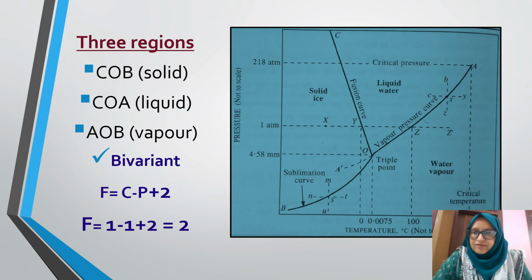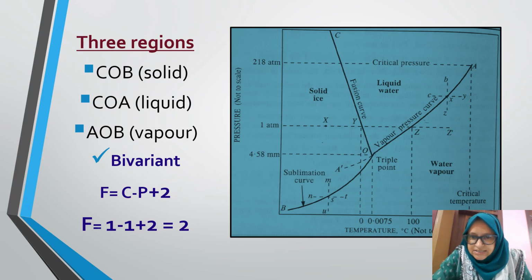So this is the phase diagram of the water system. It is clearly seen that this phase diagram consists of three different regions. We can see the first region, COB, the second region, BOA, and the third region, AOC. These three regions, on the basis of temperature and pressure, have different states.